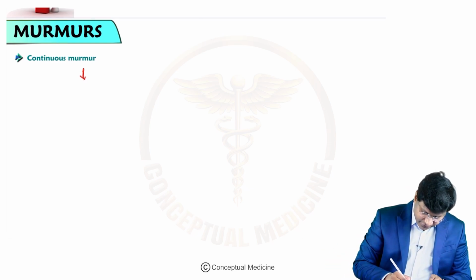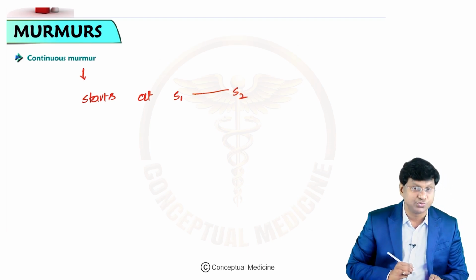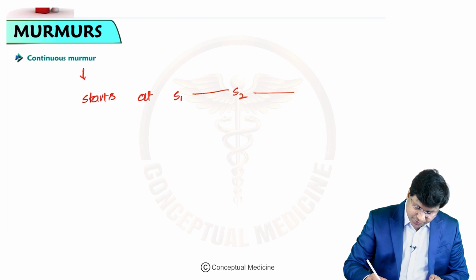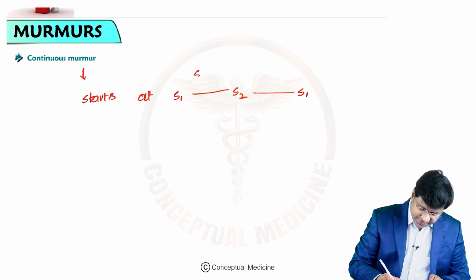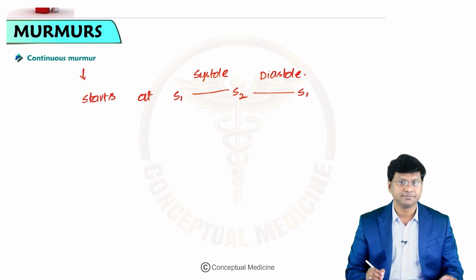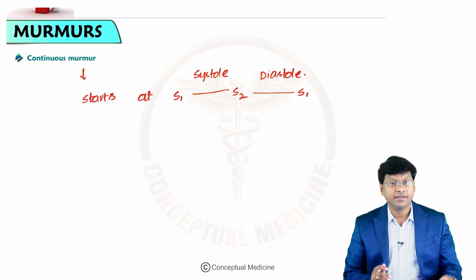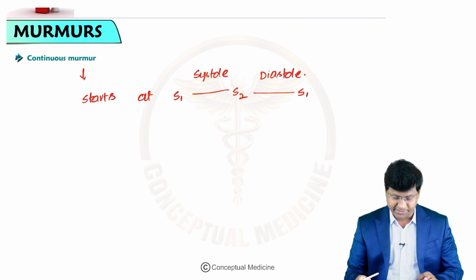It is the one which starts at S1, passes through S2 and continues up to S1 again. That means it is the murmur which is heard throughout the systole as well as the diastole. And there are many clinical conditions where you have the presence of continuous murmurs.